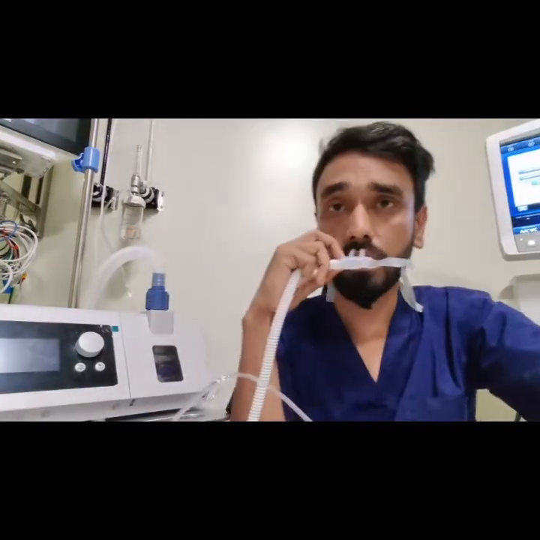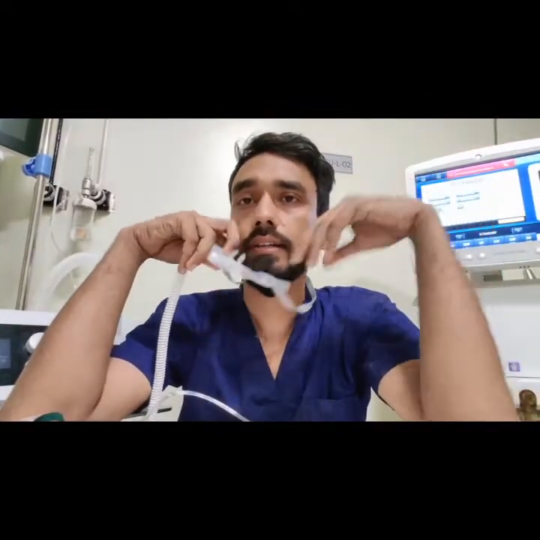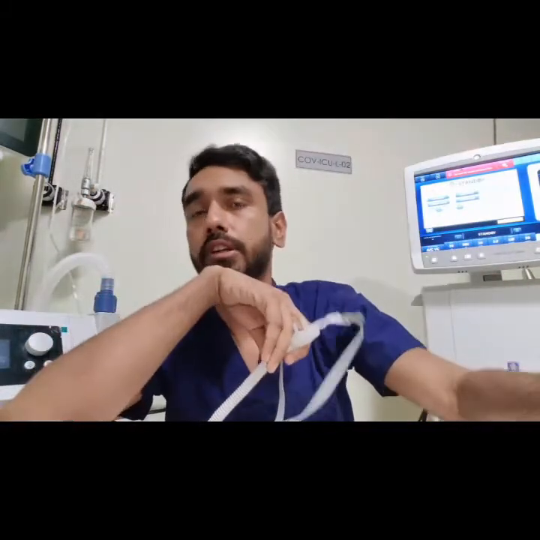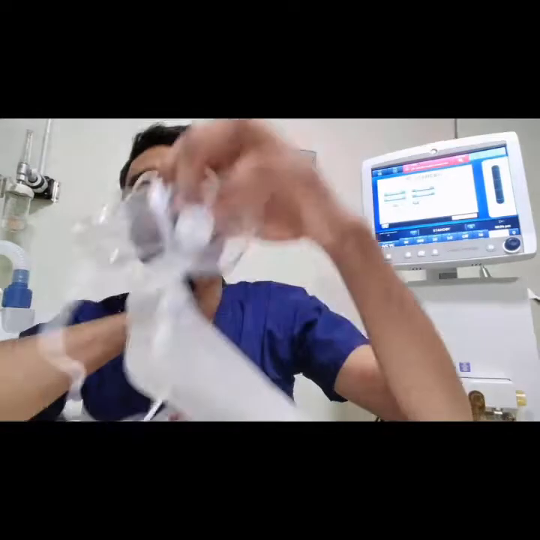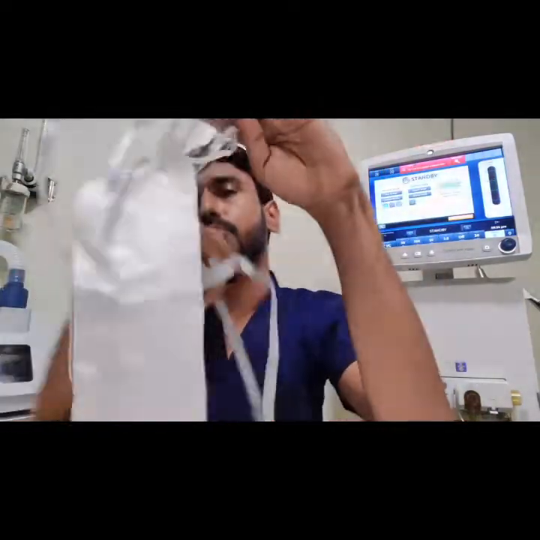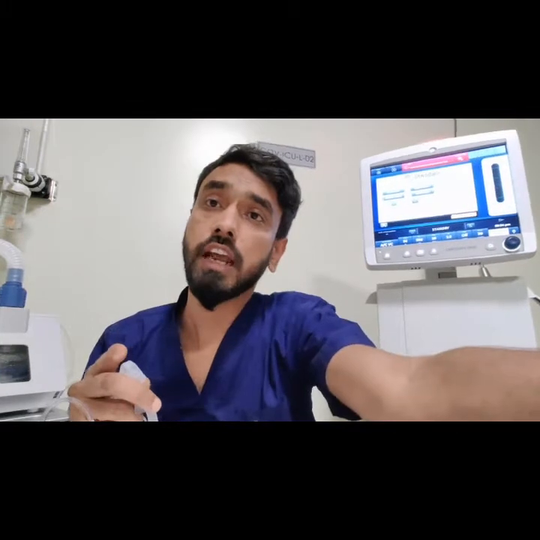We give him food, or he can take water or other drinks, and by this system there is no interval of deoxygenation. After eating or drinking, we can again put the non-rebreather mask, and by this process continuous oxygen administration can be done for a COVID-19 patient.